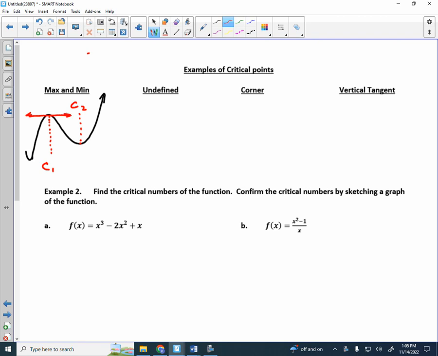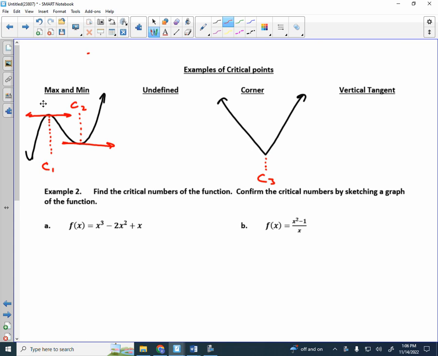So those are the really nice examples we're referring to. It is possible, though, that the derivative is not equal to 0 and you still have a critical point. We mentioned one that you guys talked about, and that was if you have what is called a corner. So this is a critical point where, in fact, the derivative is not equal to 0.